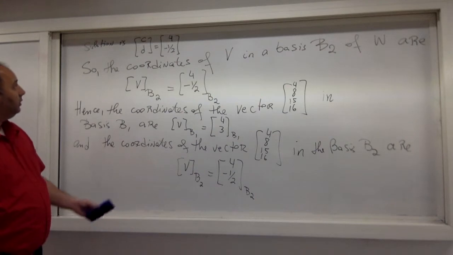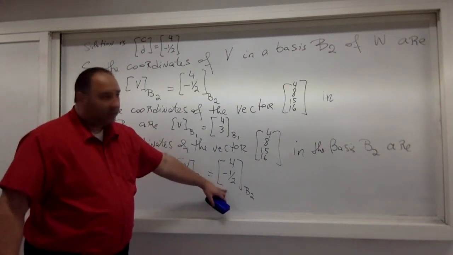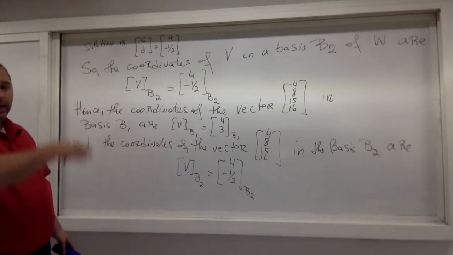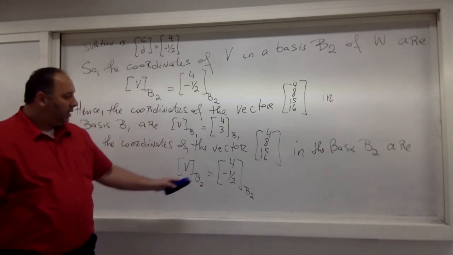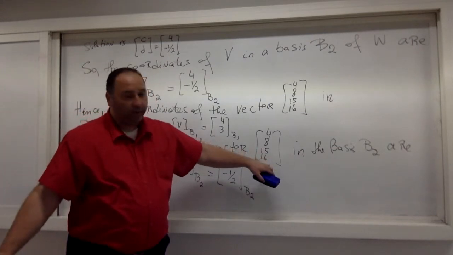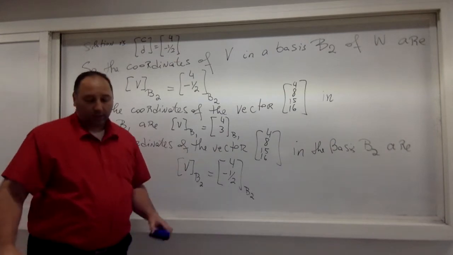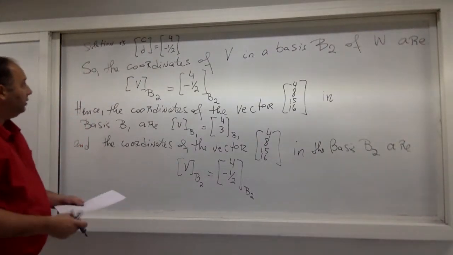How do I find coordinates in different bases? Well, I just need to solve the system Ax equal b, where matrix A has my basis vectors in column, and my vector b is actually the vector I'm having at hand, and the solution will be the coordinates. So that's not complicated at all, actually. Very simple.